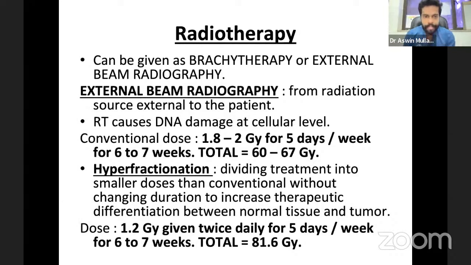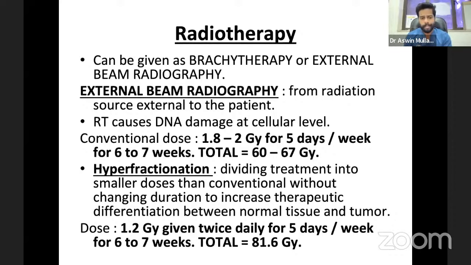So coming to radiotherapy, it can be given either as brachytherapy, that means interstitial or internal radiotherapy, or external beam radiotherapy. Mostly what we see nowadays is external beam radiotherapy in the form of IMRT, intensity modulated radiotherapy.